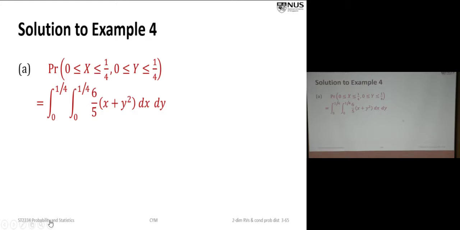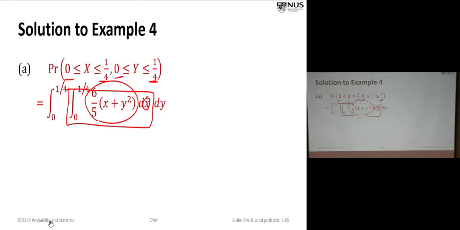So the first one, we have to integrate the joint PDF from 0 to 1/4 for x. And then after we complete the first, or inner, integration, it will be a function of y. Then y is integrated from 0 to 1/4.